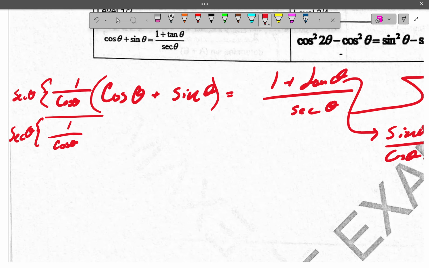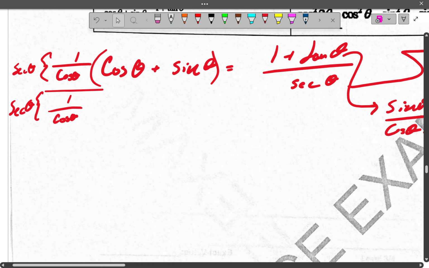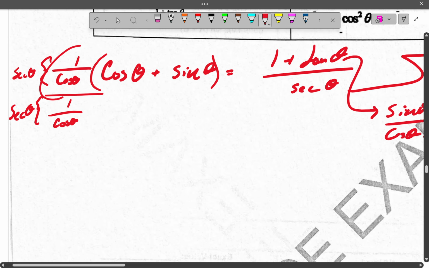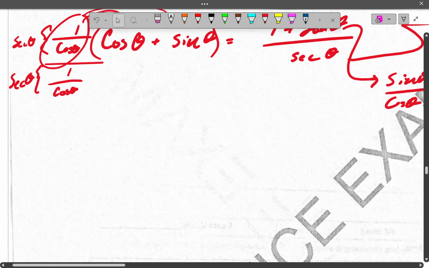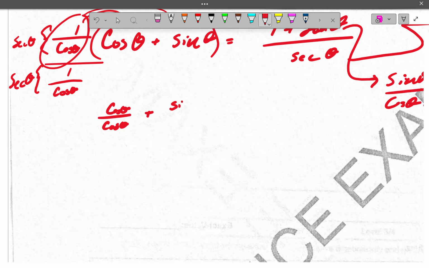So when I do that, I'm going to multiply this term, this 1 over cosine, to both terms, and then on the top I'll get cosine theta divided by cosine theta, then plus sine theta divided by cosine theta, all divided by 1 over cosine theta, or I'm just going to write that as secant theta.